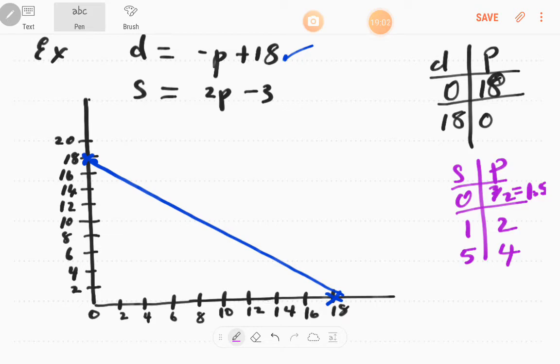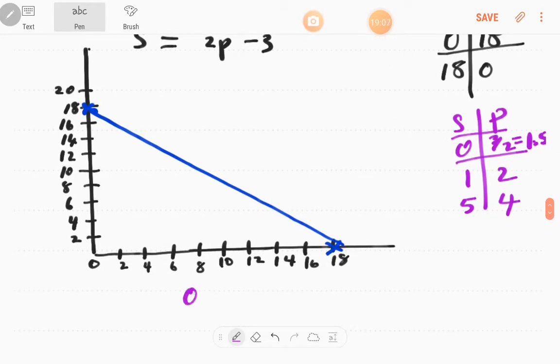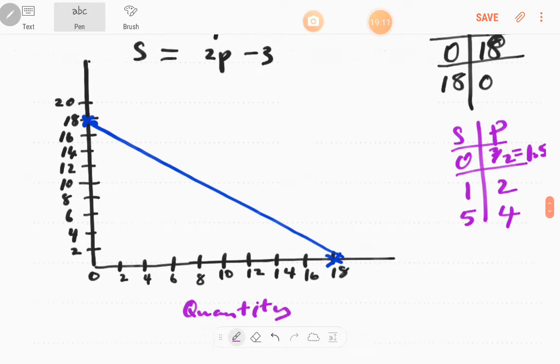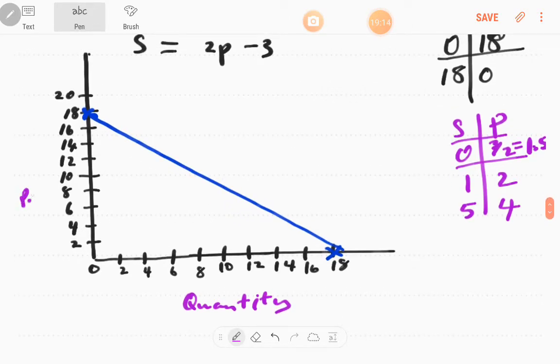So this is the quantity down here, and the price is over here. When the quantity is 0, the price is 1.5, somewhere there. When the quantity is 1, the price is 2.